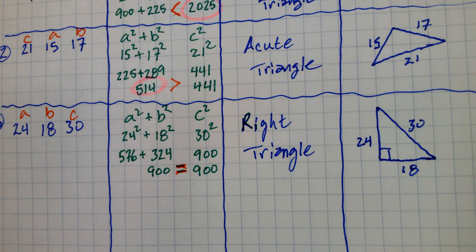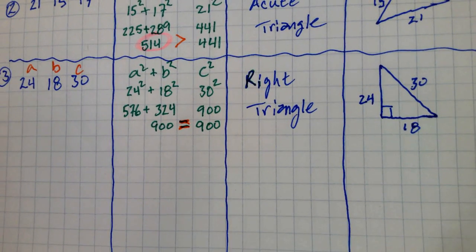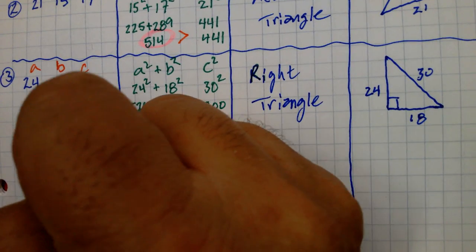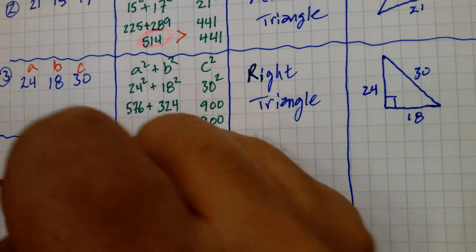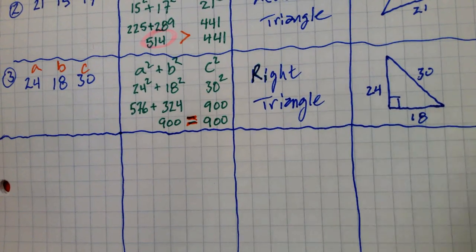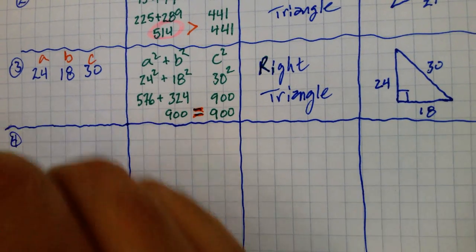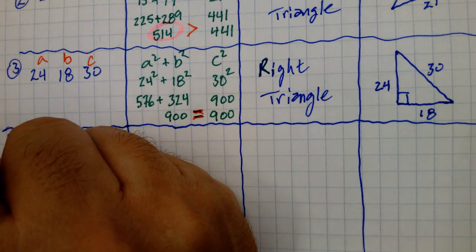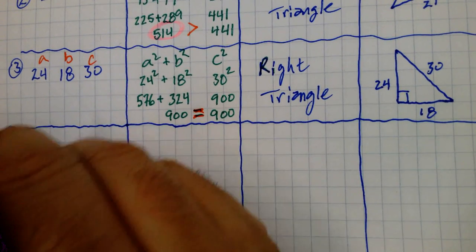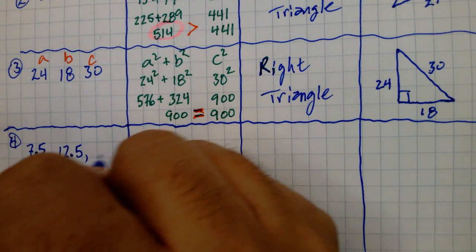Okay, we'll do one last example. This is going to be number cuatro. Let's do 7.5, 12.5, and 10.